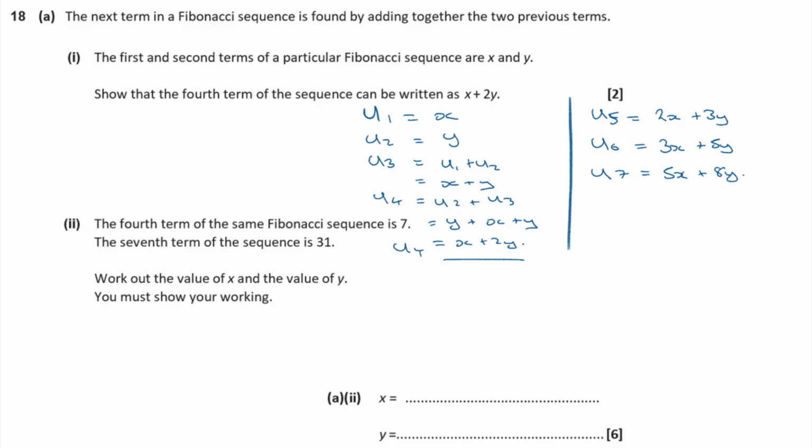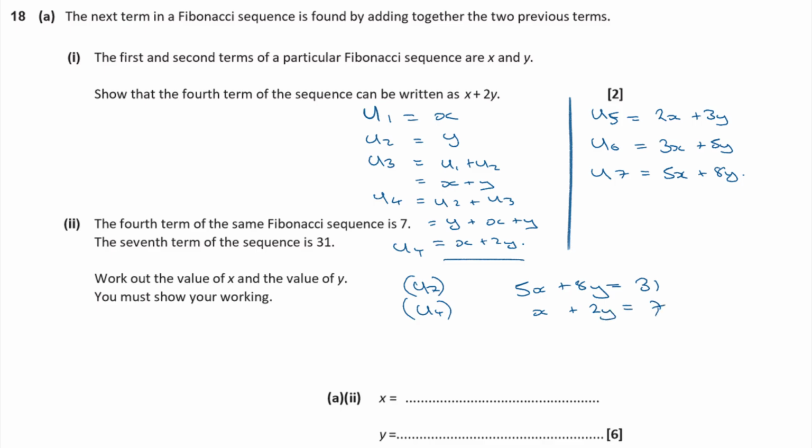So, and we know what they're equal to, so we can form a pair of simultaneous equations here, can't I? I can say that from u7 I've got 5x plus 8y is equal to, we're told it's equal to 31, and we've got our u4 term, which I know that x plus 2y is equal to 7.